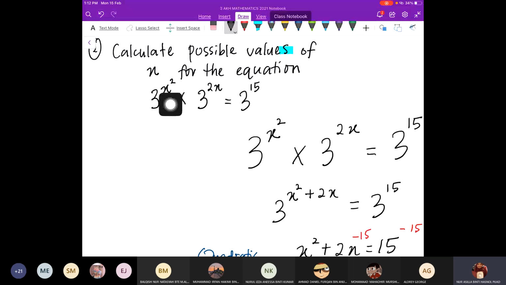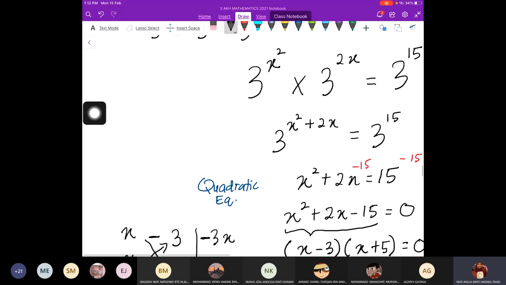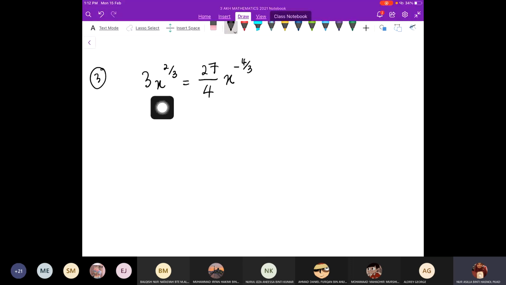Okay, X saya index. Tapi soalan nombor 3, X adalah base. Okay, kalau bentuk macam ni, buat macam biasa. Make sure sebelah kiri semua nombor, sebelah kanan semua yang ada X.